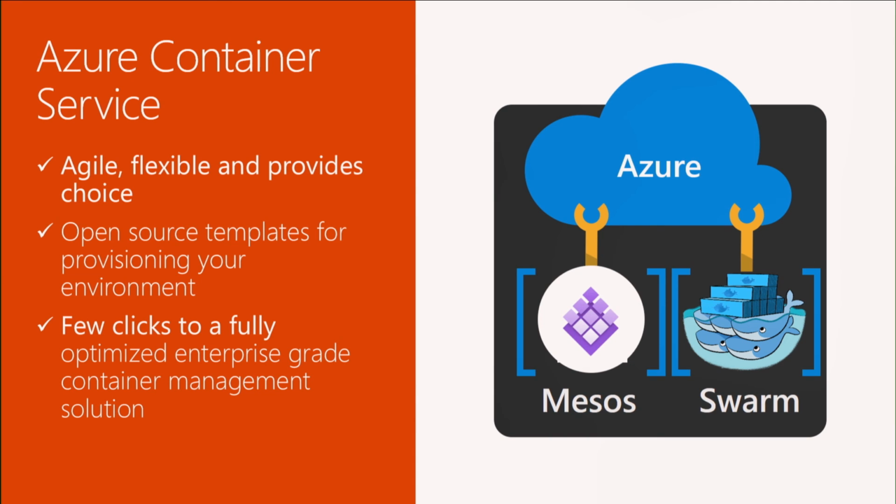We're unique in our service because we allow you to choose the orchestration engine that you prefer. So it's not a black box. You can say, I want to use Docker Swarm, I want to use Mesos DCOS. It's your choice. And it's really easy, within a couple of clicks, to dive right into container management and deploy your containers in production.